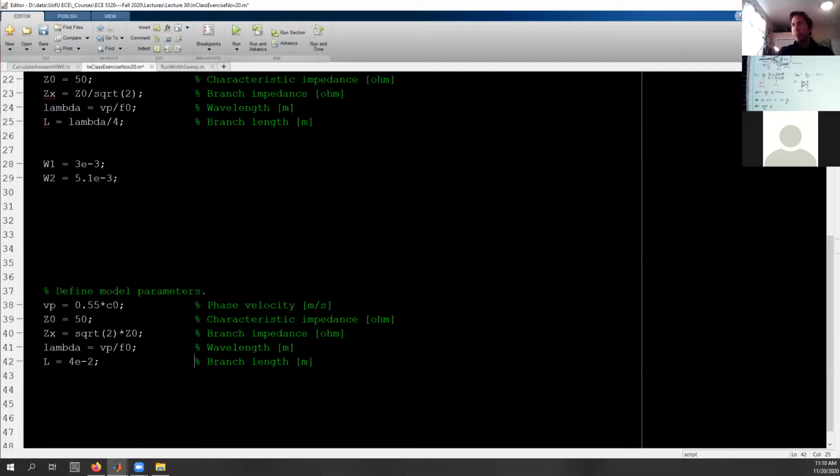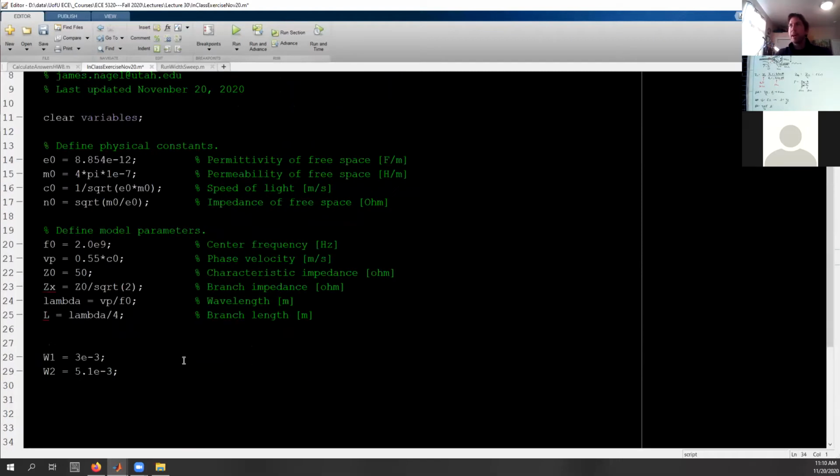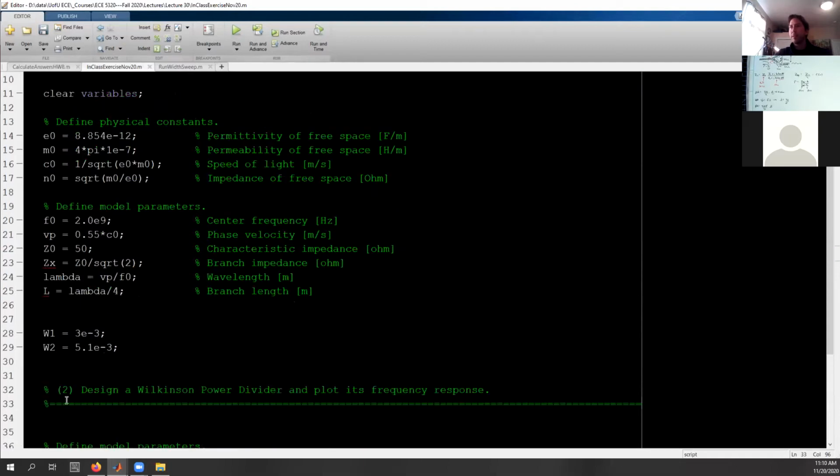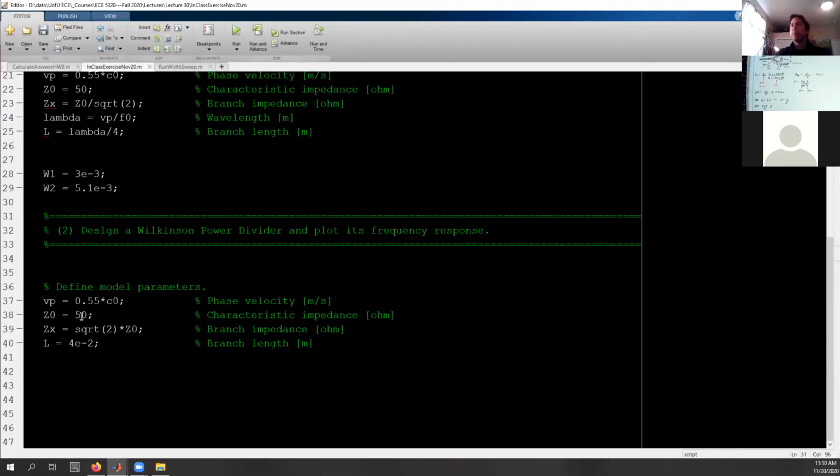That's a fixed value. We know the phase velocity is fixed, and the branch impedance there. All of this is the hybrid stuff, which we'll put a little marker here to demarcate the problems.